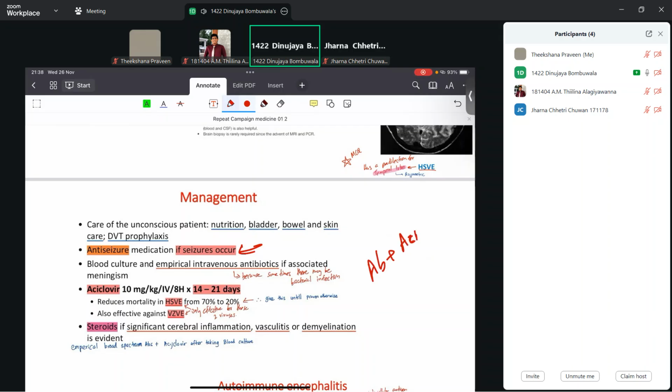We have to give that for HSV infection. If a pediatric patient comes with symptoms and signs which are not inconclusive of meningitis, we should always give acyclovir along with antibiotics.